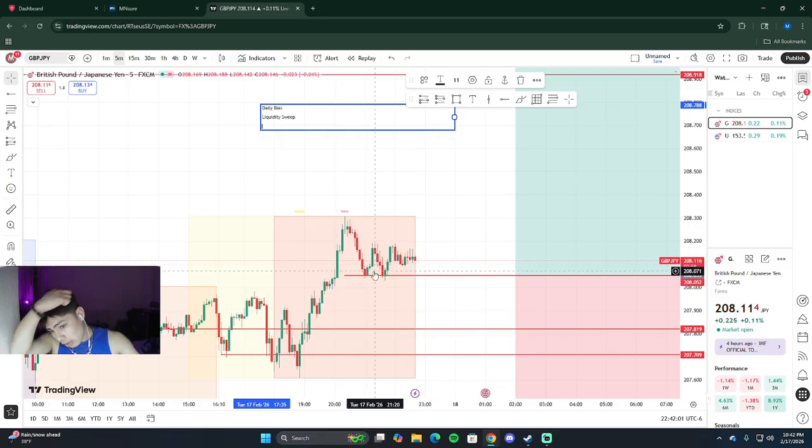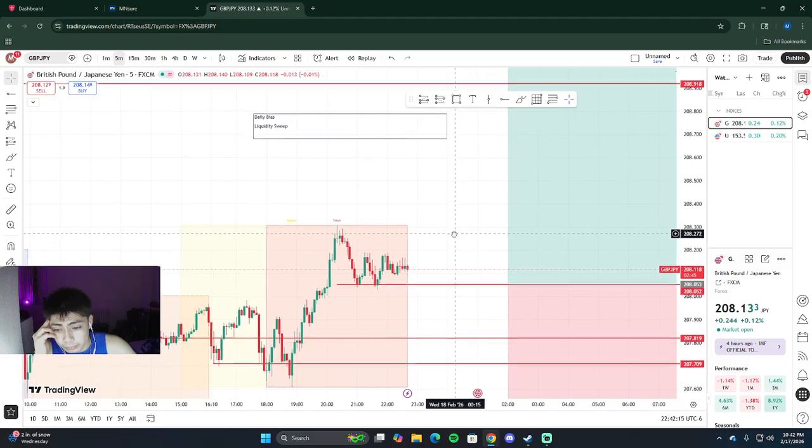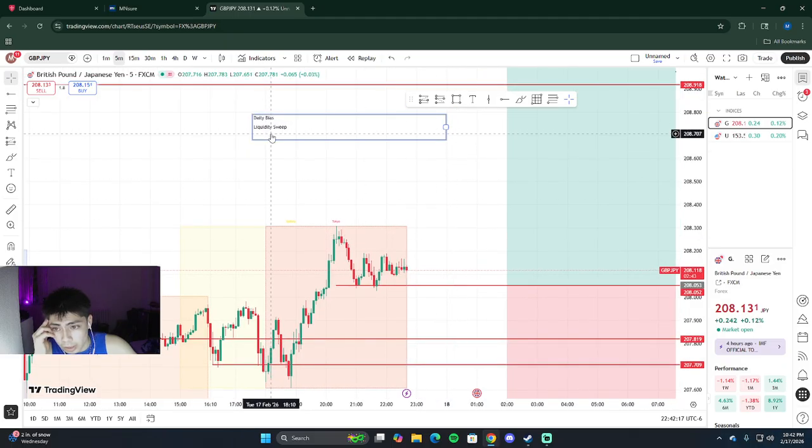Would it hit a fair value gap? No, this would have been the fair value gap here, and it did. It hit that, so it's still within that fair value gap. What else? I want at least 3.